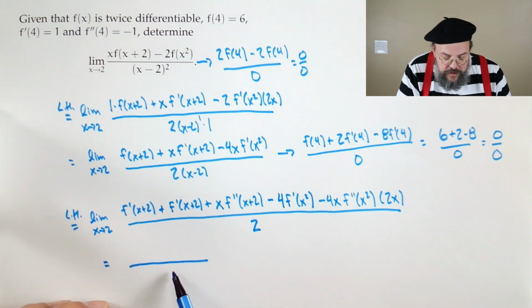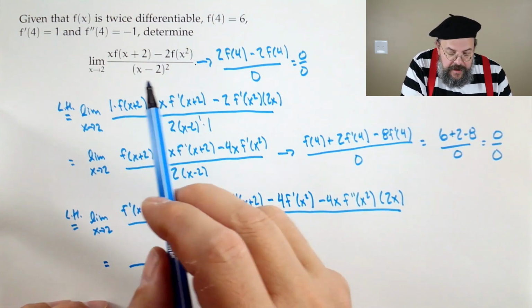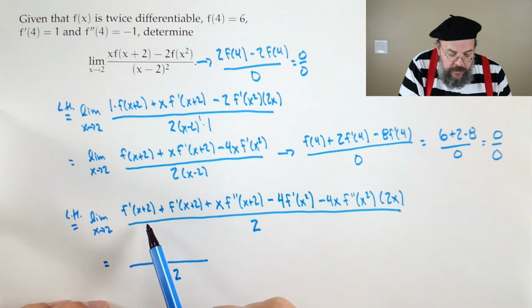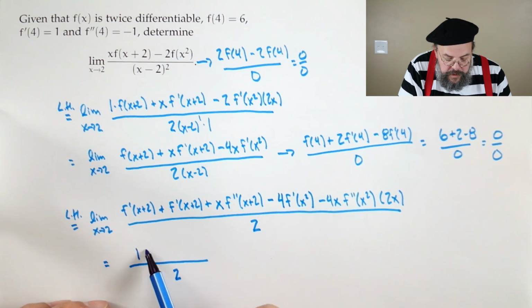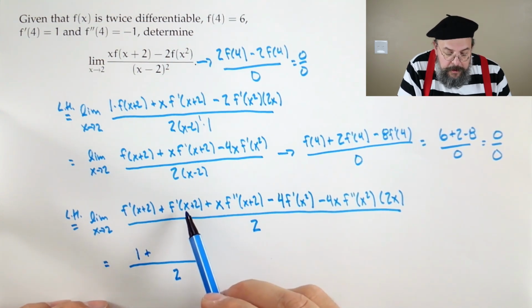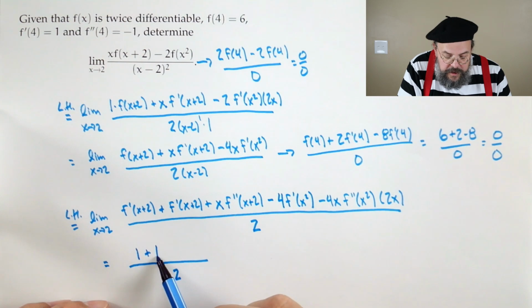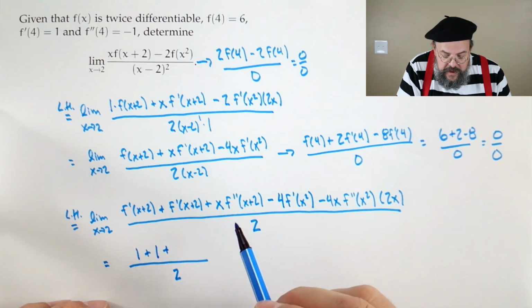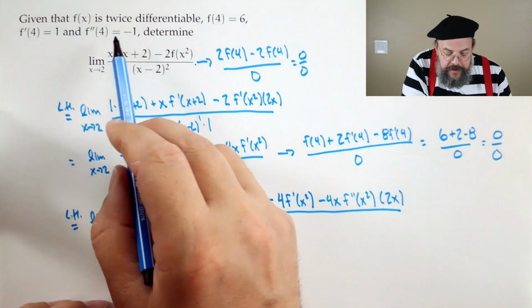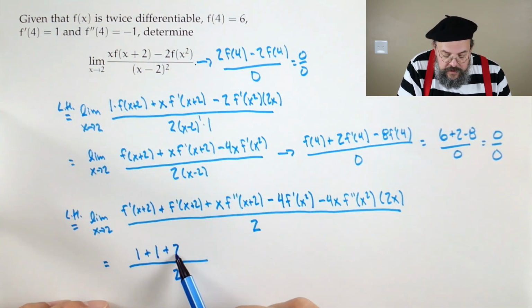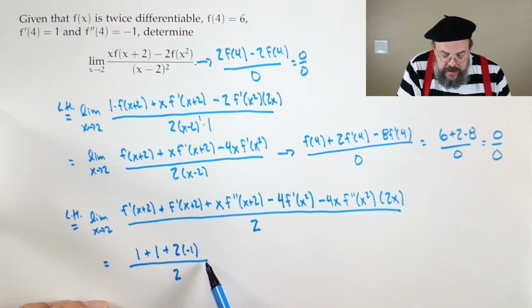Okay, so what's over 2? So remember, f prime of 4 is 1. So we're going to have f prime of 4 plus 2. So that's 1 plus f prime of 4. Okay, so that's another 1. Plus, okay, 2 times f double prime of 4. Well, f double prime of 4 is negative 1. So it's 2 times negative 1.